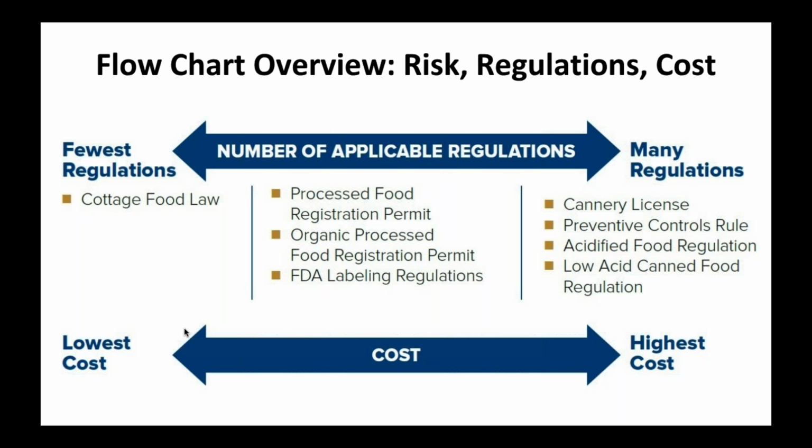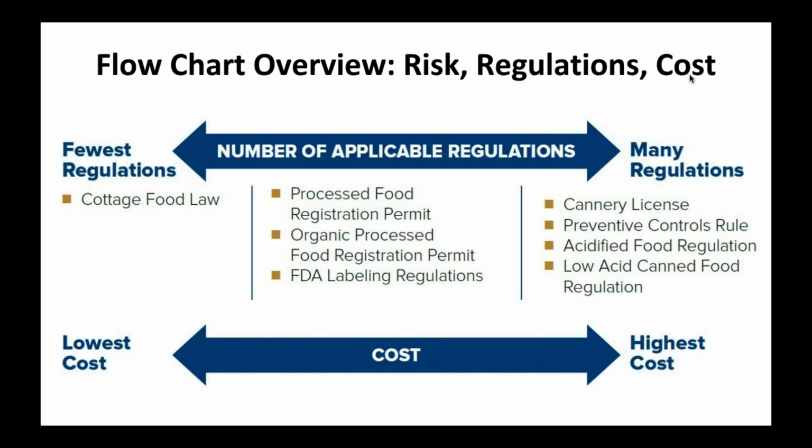Those medium risk foods that we talked about, like olive oil, those would require a processed food registration permit in the state of California. If you are producing organic, you would also have to apply for an organic processed food registration permit with the state of California. And then you would also have to adhere to some other federal regulations. So the FDA has specific labeling requirements that apply to all processed foods produced in the United States.